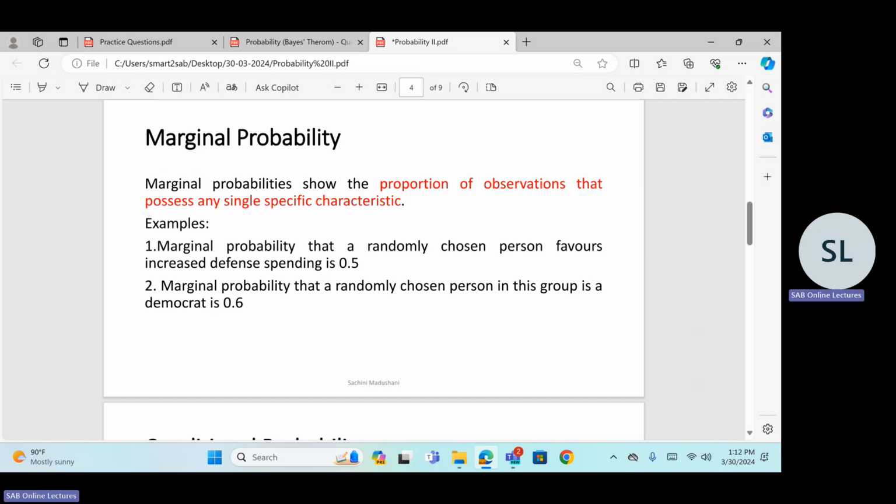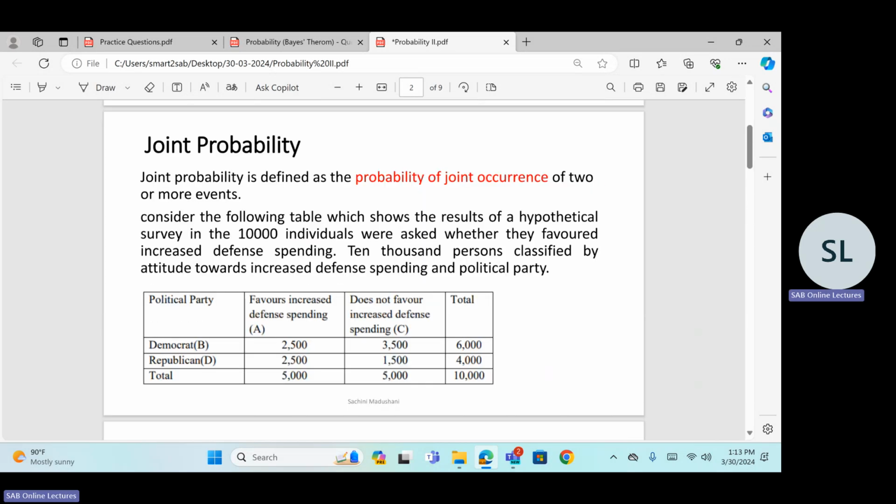First one, the marginal probability that a randomly chosen person favors increased defense spending. This statement is talking about only one variable. What is the single event in here? Favor increased defense spending. Then what is the total? Only this column, the total of this column. How much? 5,000. Then we can write 5,000 over 10,000.